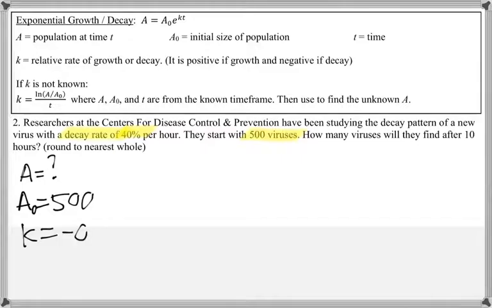So this is negative 0.40. And then my T is equal to 10 because they're asking how many viruses will they find after 10 hours. So just as a note, this K was negative because they said decay.